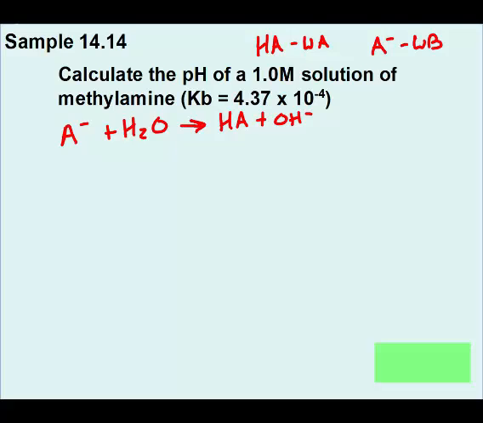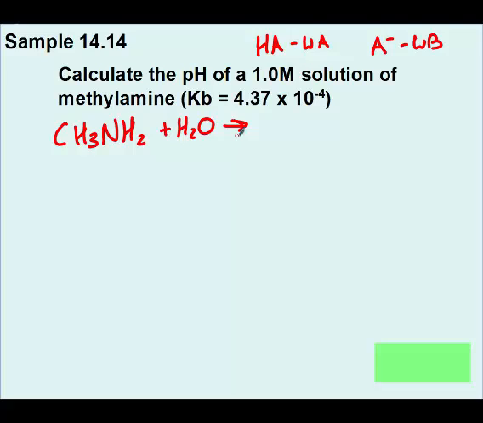So you should not skip a problem just because you don't know what the formula of the weak base is. You can either Google it, or you could just use the general formula. Methylamine, though, is CH3NH2. So we need our water.